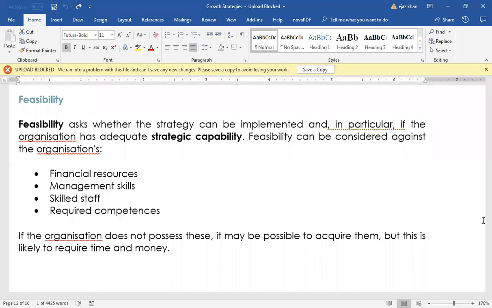Do you have well-trained sales staff to take online orders? So you have to look at your capabilities, competencies, and resources before you can actually apply any particular strategy. And this is the feasibility part of implementing any particular strategy.